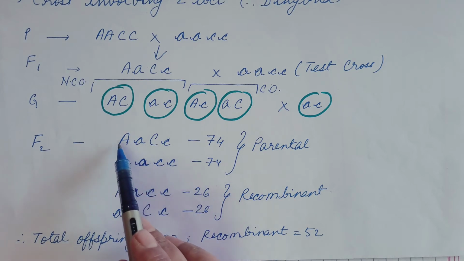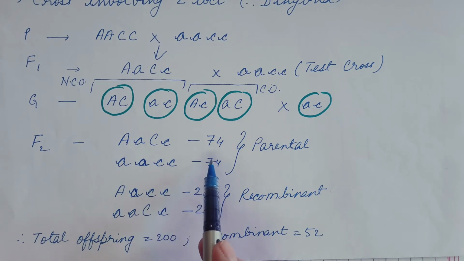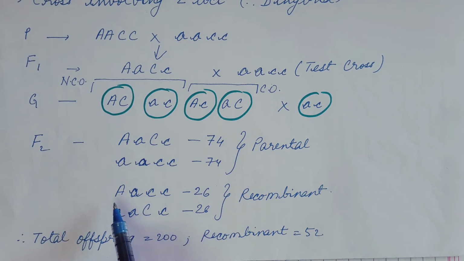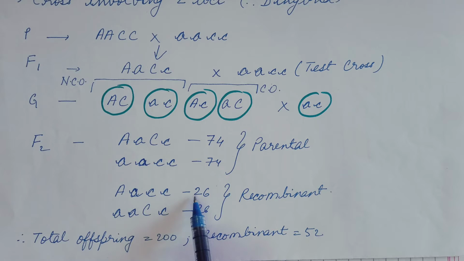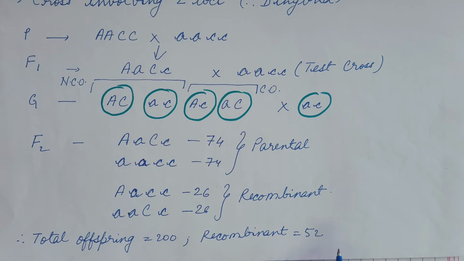Among them, these are of the parental type and the number is 74 and 74. And these are the recombinant offspring. Their number is 26 and 26. So, here the total number of offspring is 200 and the total number of recombinants is 52.